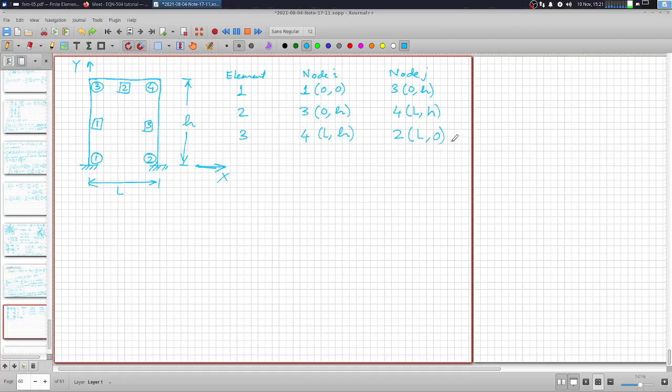So these are the elements and the nodes which define these elements along with the coordinates.